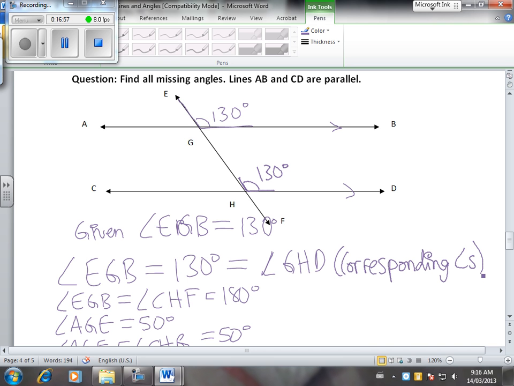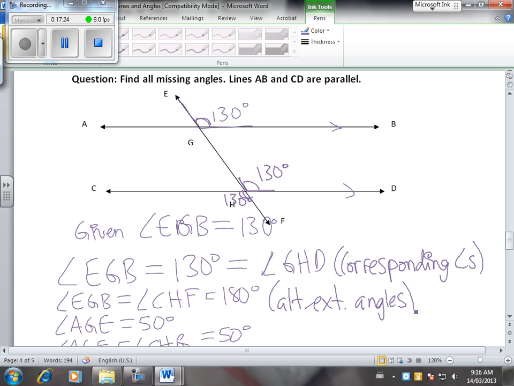Okay. Then, since we know that EGB equals 130 degrees, we also know that this will equal 130 degrees, angle CHF. And that's because if we look at this angle and this angle, these are alternate exterior angles.